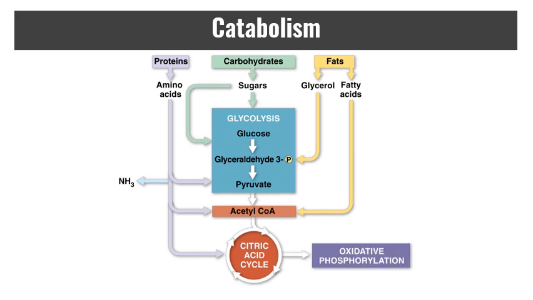Different types of molecules will be catabolized in different ways. So fats, for example, the alcohols will go into glycolysis, where the fatty acids will go directly into the acetyl form. So they're not all the same. Proteins, you'll notice NH3, that amino group, those are waste products. They are discarded, and that is where the nitrogenous waste comes from for things like urea.